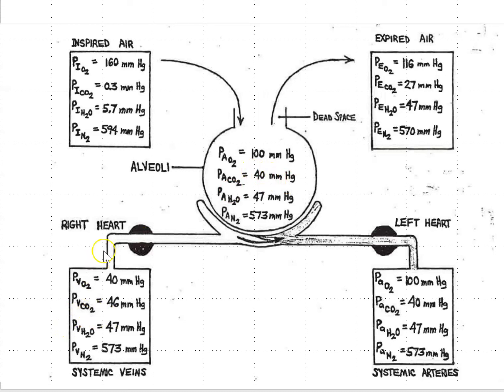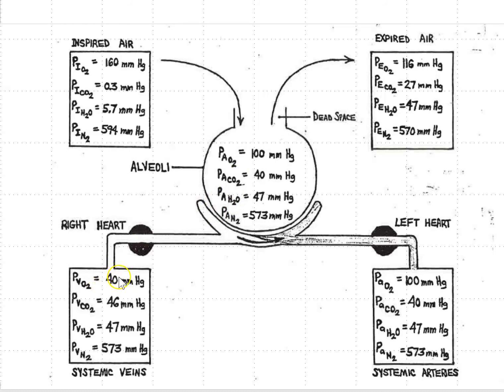Now, the blood brings in gases to the alveolus, okay? And the blood that comes to the alveolus has a high partial pressure of CO2 compared to the alveolus. So right over here, the blood that's brought in has the partial pressure of 46 for CO2, and it has a lower partial pressure of O2 compared to the alveolus.